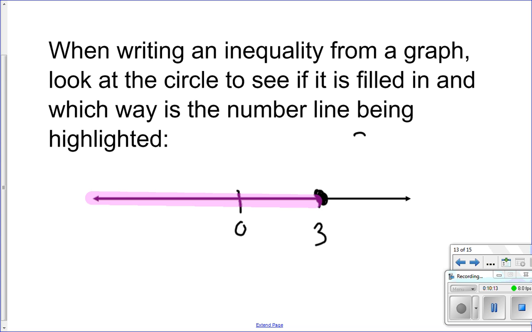So I know we're going to have 3 in this inequality, and I'm going to use x as my variable. Well, since I know it's going to the left, it's everything smaller than 3. For example, 0. 0 is less than 3, and that's part of the shade. Since I know it's smaller than it, it's going to be less than, and since it's a filled-in circle, it's less than or equal to 3.